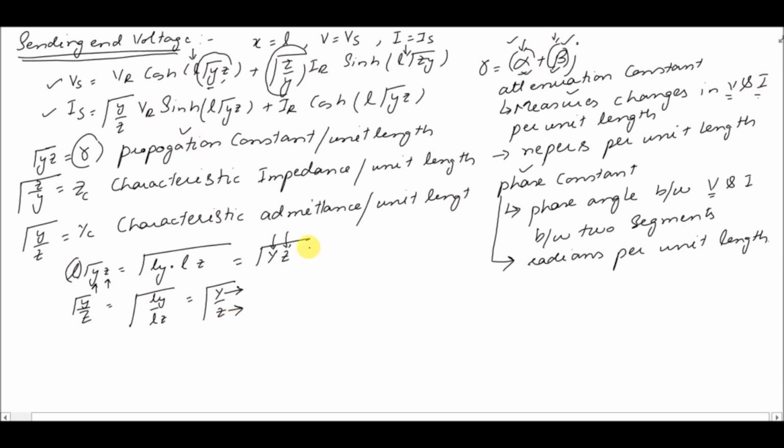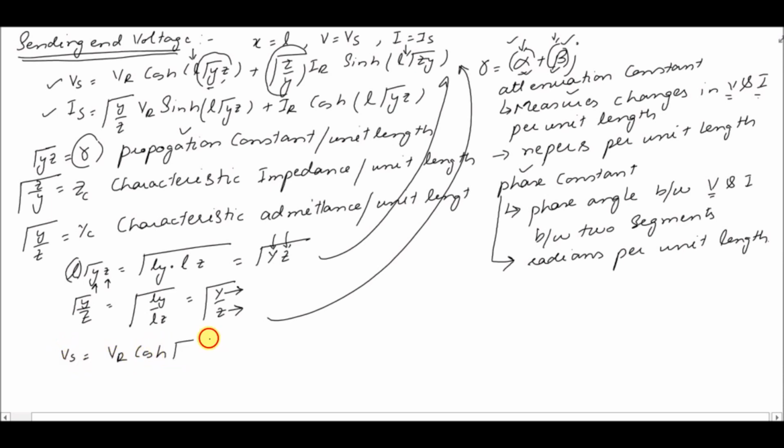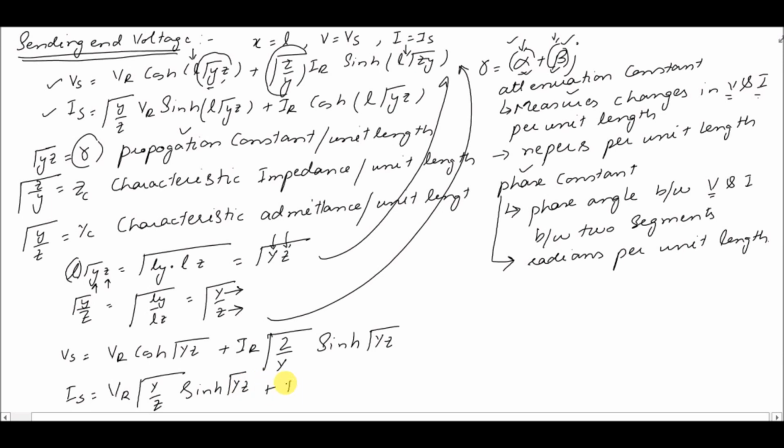So now when we use these two derivations in the equation for the sending end voltage and current, we will get Vs is equal to Vr cosh under root capital Y capital Z plus IR under root Z over Y sinh under root capital Y capital Z. Similarly, for the sending end current, the equation will be Vr under root Y over Z sinh under root YZ plus IR cosh under root YZ.